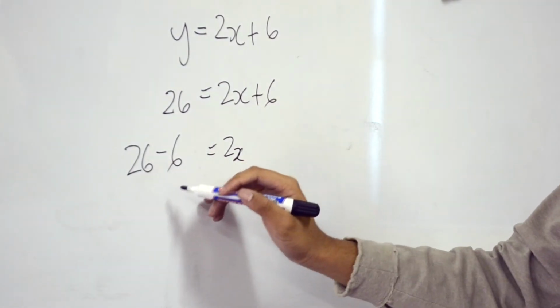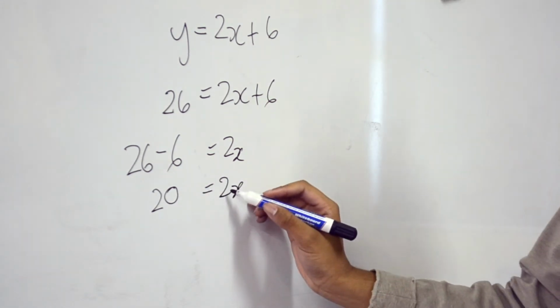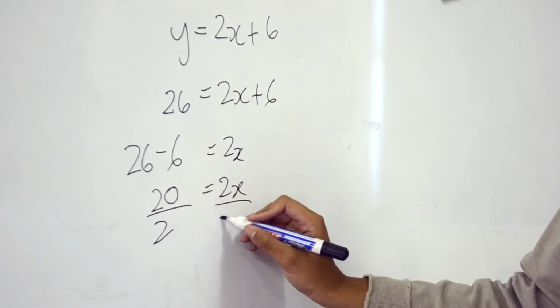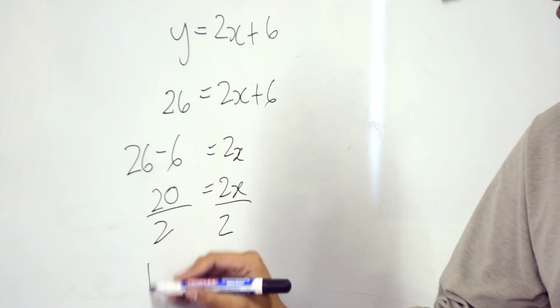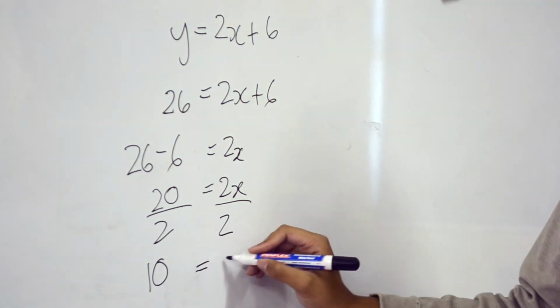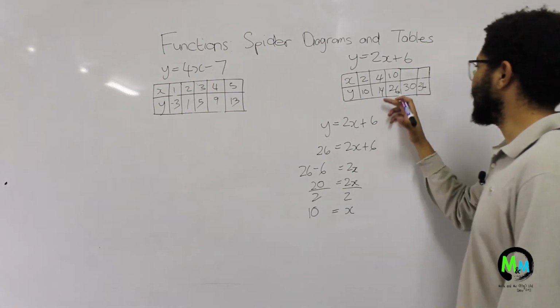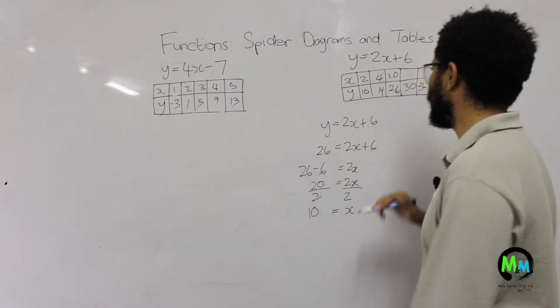Okay, 26 minus 6 is equal to 20, and as we have 2 multiplied by x, we are going to divide both sides by 2, and we will be left with 20 divided by 2, which is 10, and over here just x. So our input value that gives us 26 is 10 in that one over there.